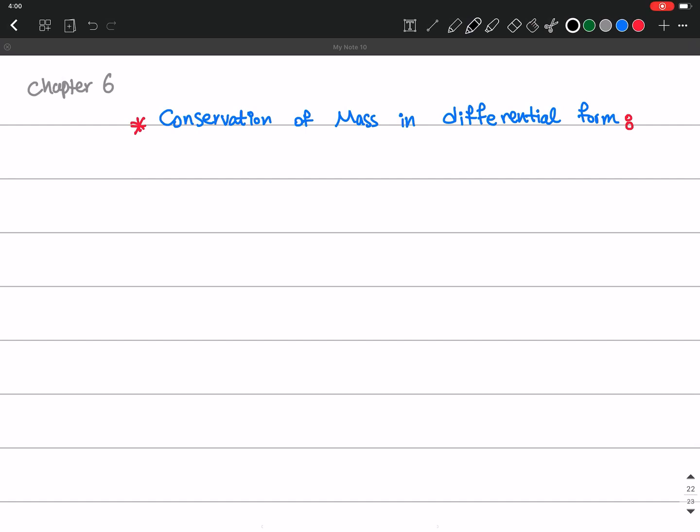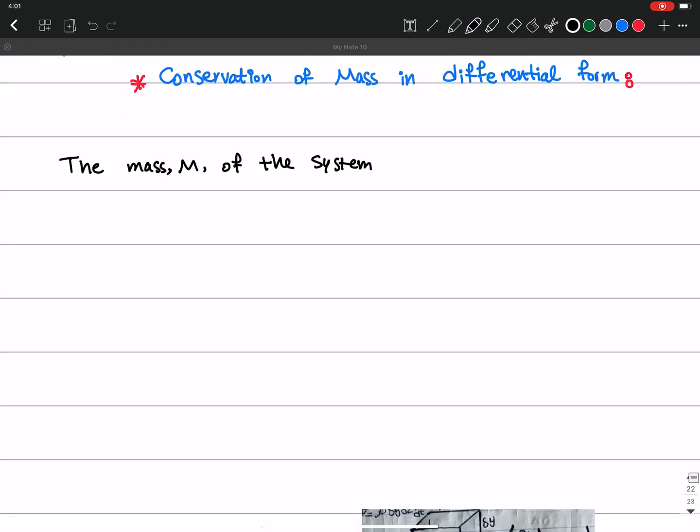The conservation of mass states that the mass, or m, of the system remains constant as the system moves through the flow field.